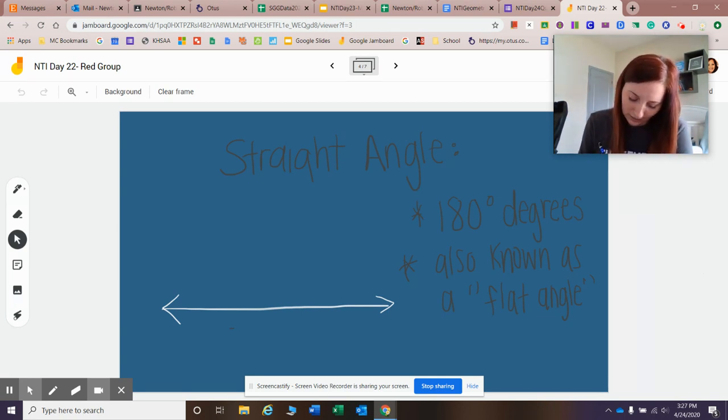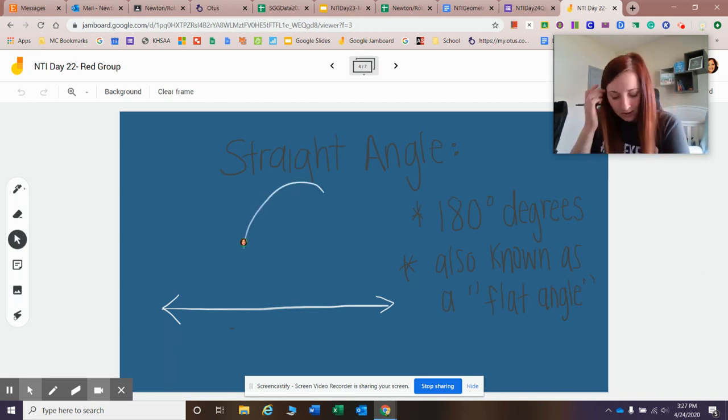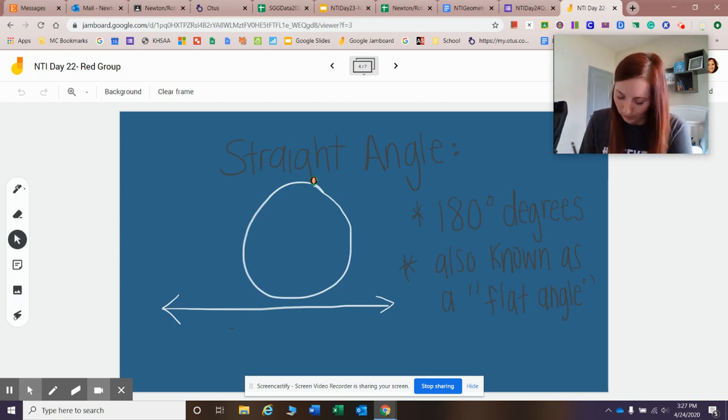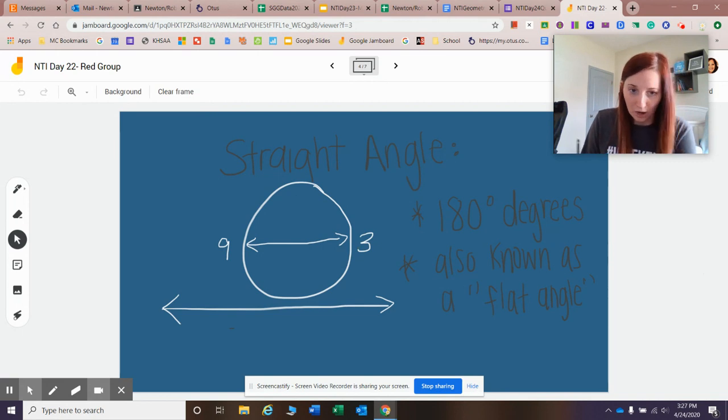When I think about angles, I like to think about time, because it's another way to connect to different angles that we see in the minute hand and the hour hand. If I have a clock here, a time that has a straight angle is either 9:15 or 3:45, because it goes straight across.